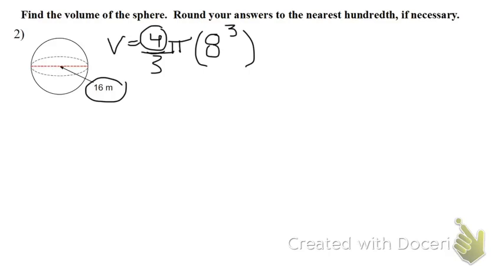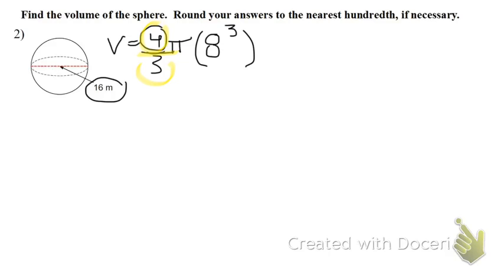So I have 512 in my calculator. I'm going to multiply by 4 and divide by the 3. And I also need to multiply by this pi, so I'm also going to do times pi, or times 3.14.